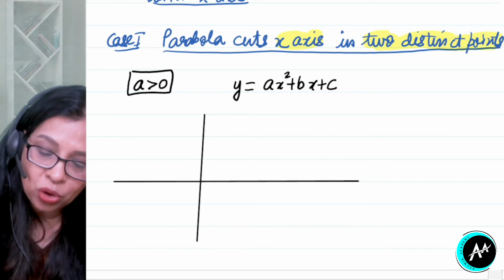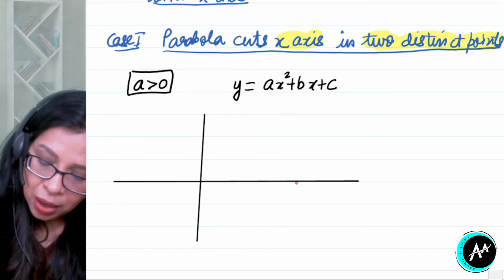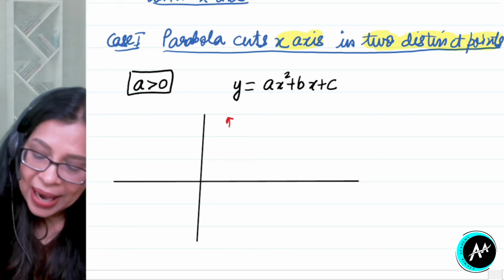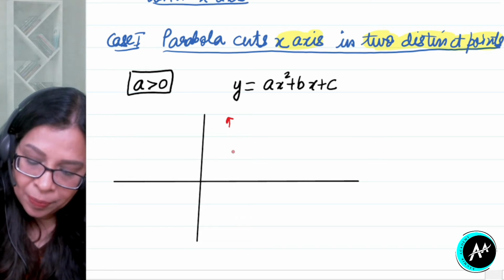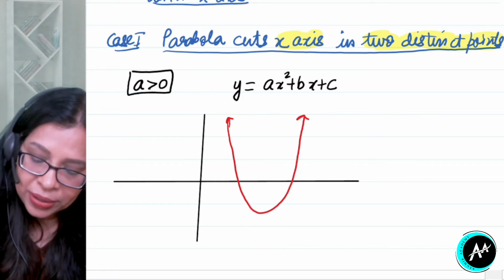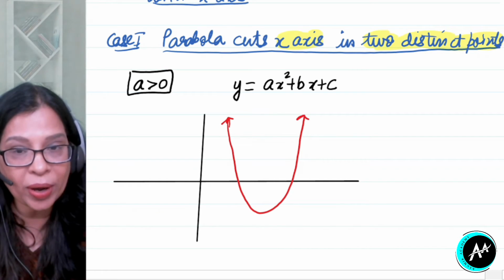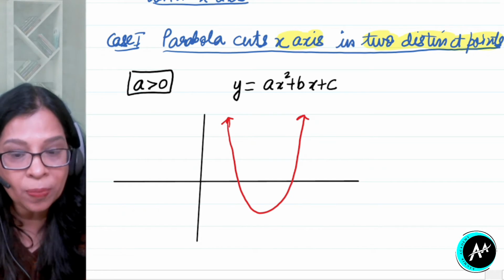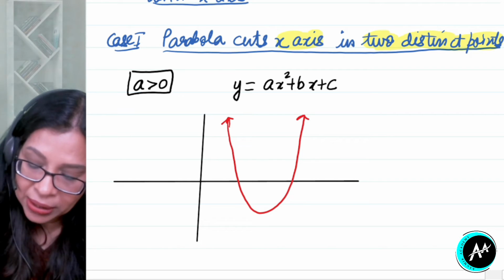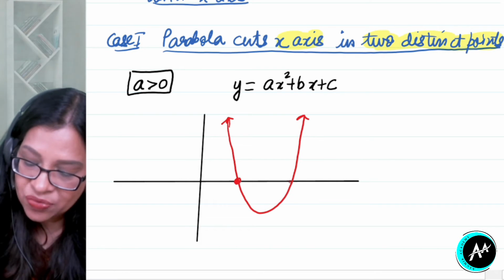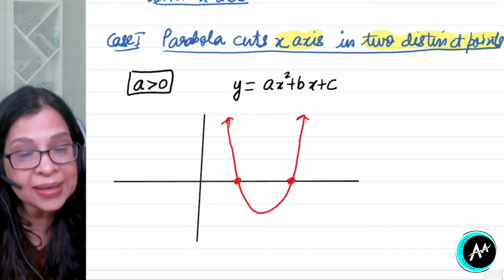Let me take a parabola which is opening upwards, and you can see it is intersecting the x-axis in two distinct points. So this is the case we are talking about. Now look carefully, what are these two distinct points where the parabola is intersecting the x-axis?